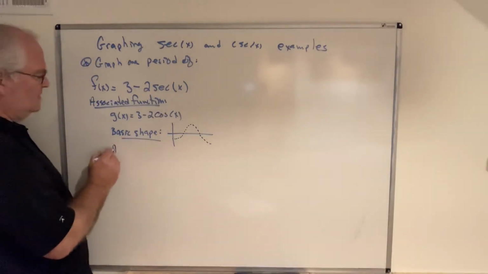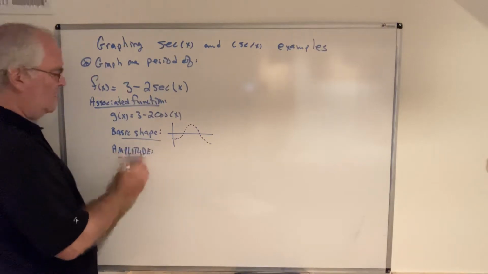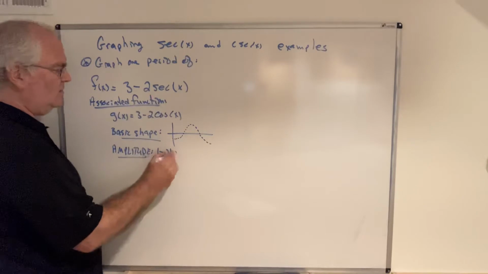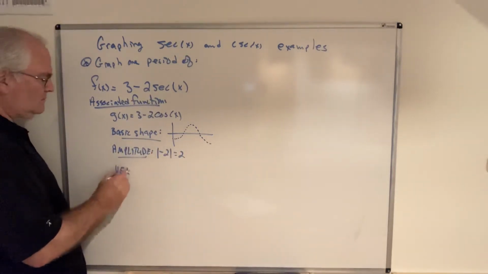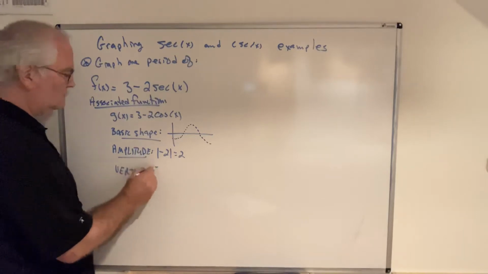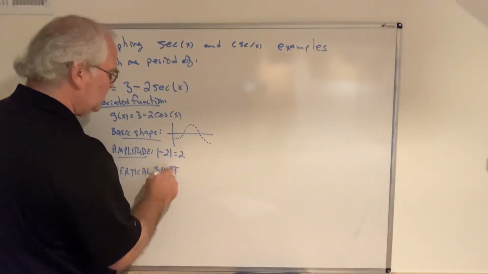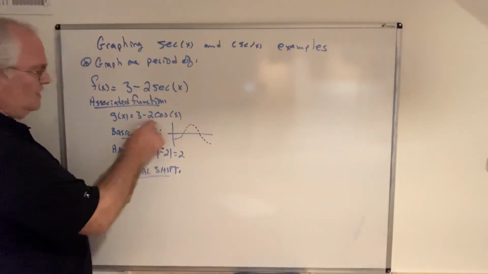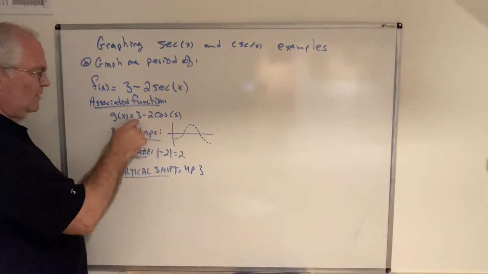And then we have the amplitude. This, I hope, is becoming a little bit old hat by now. This is absolute negative 2, which is 2 if you like. Vertical shift. Make sure you spell that correctly. The vertical shift is up 3 because we're adding 3, right?